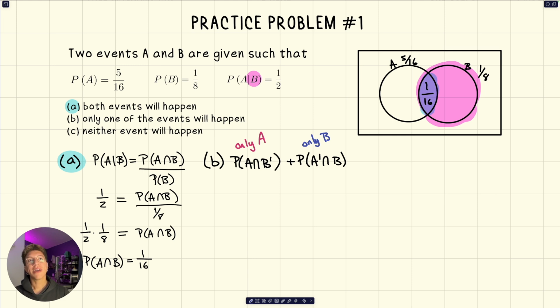Well, something you might have noticed is that in this diagram, these two circles in total, so both circles together, that's the probability of A union B. So if we could just find that probability and subtract away that intersection, that would give us the two probabilities that we want.